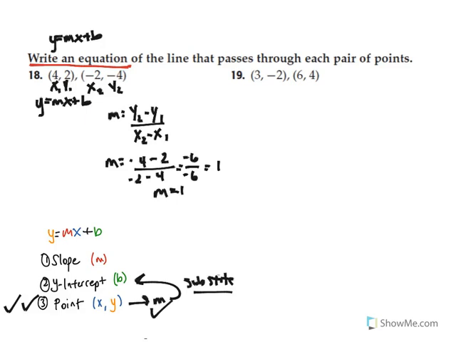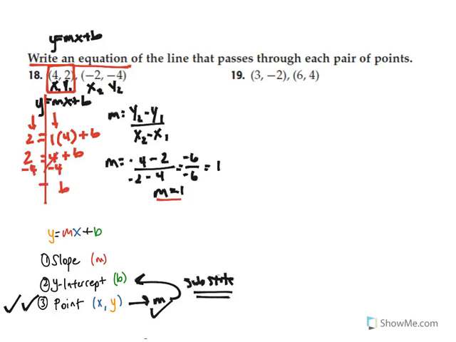Now I found the slope. I need to substitute in order to find the y-intercept. So let's substitute. Let's pick a point that they give us. Let's pick this one. Y is 2 equals slope, which is 1, times x, which is 4, plus b. And now I just solve with the math. 2 equals 4 plus b, minus 4 here, minus 4 here.